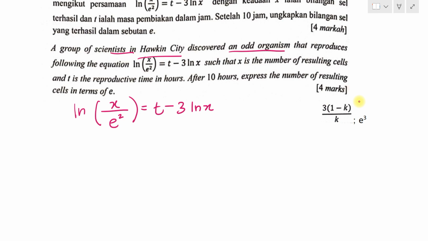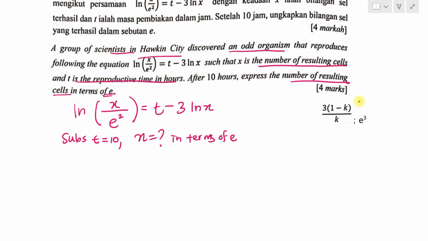You must know what is the x. x is number of resulting cells. t is the time in hour. After 10 hours, so that means substitute t equal to 10. Express the number of resulting cells in terms of e. Number of resulting cell means x is how much in terms of e. In terms of e, so don't replace the e with its value.